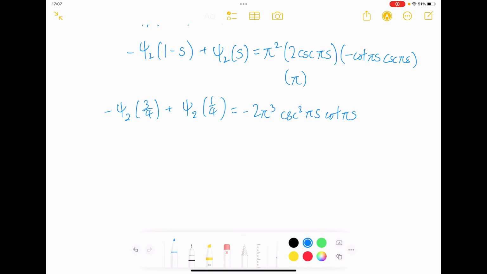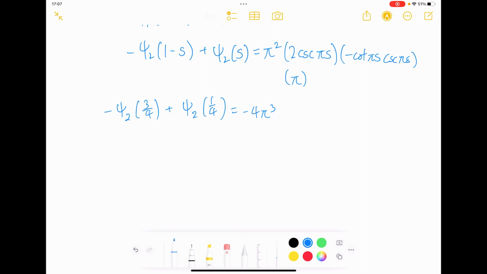Cosecant squared pi s, we know that's 2 from the previous calculation. And cotangent pi s, well, tangent pi over 4 is 1, reciprocal is 1, so that's just gone. So all in all, that's 4 pi cubed, right?